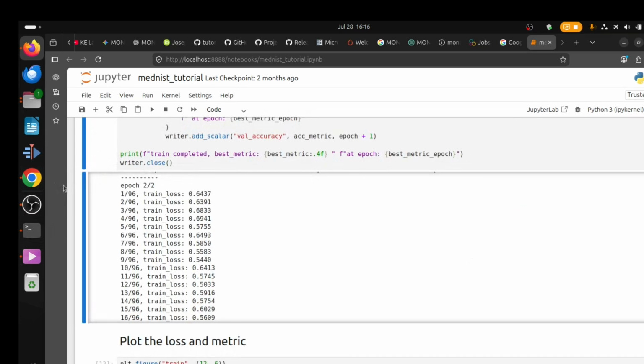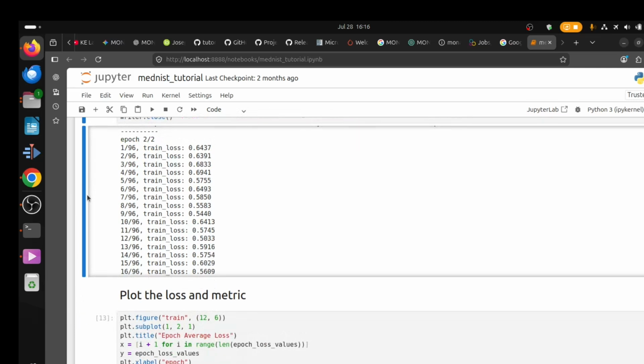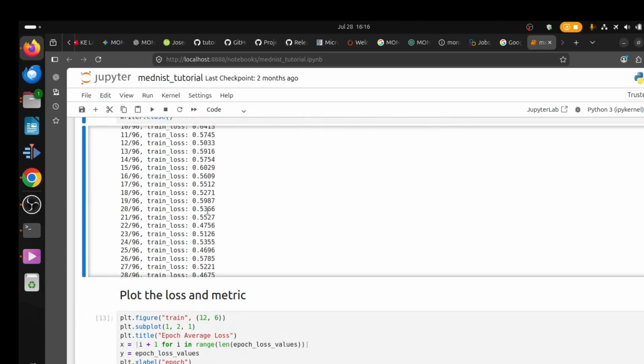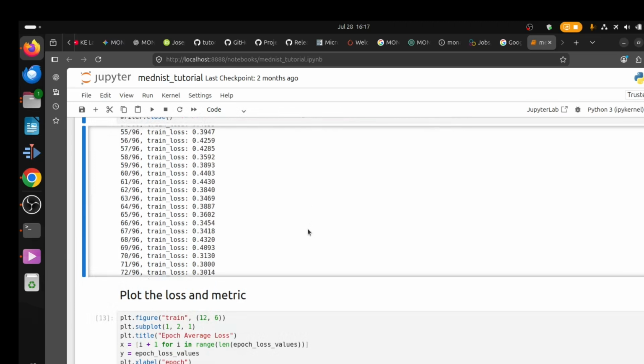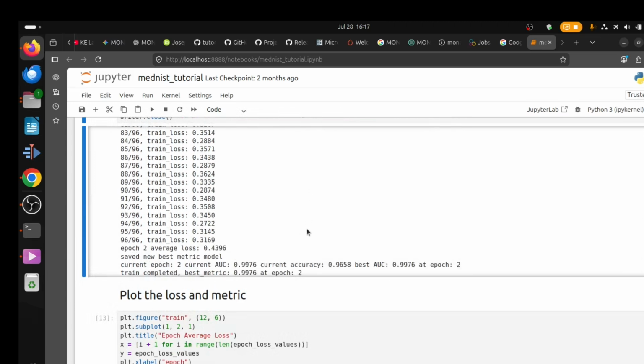The second epoch then began. By this point, the training loss was generally lower than during the first epoch. By the end of the second epoch, the average training loss had decreased to approximately 0.44.